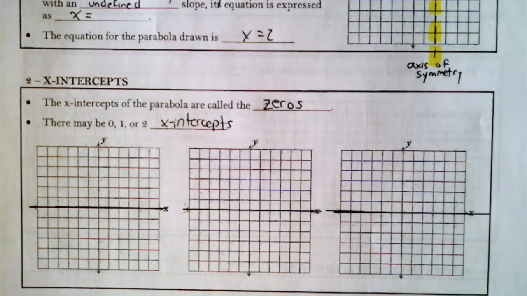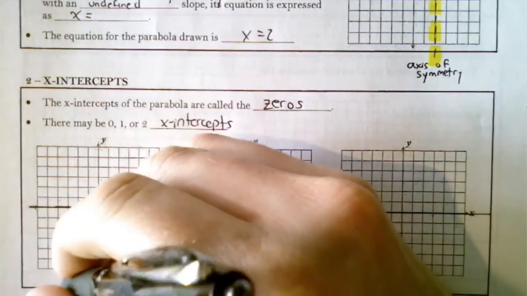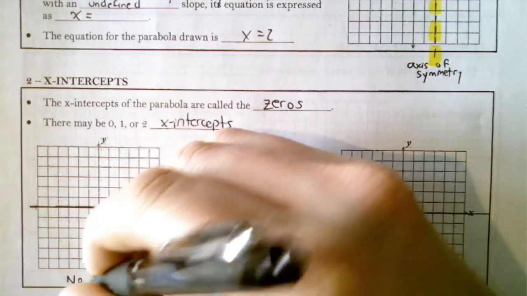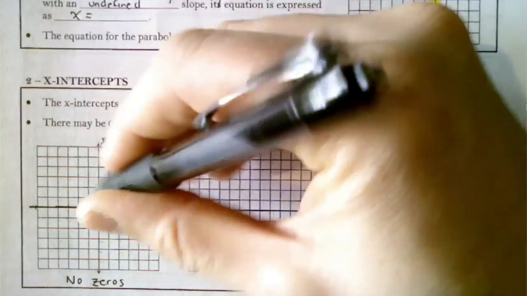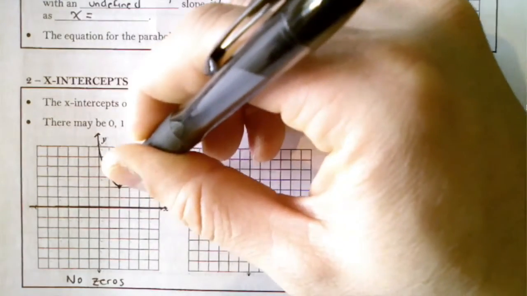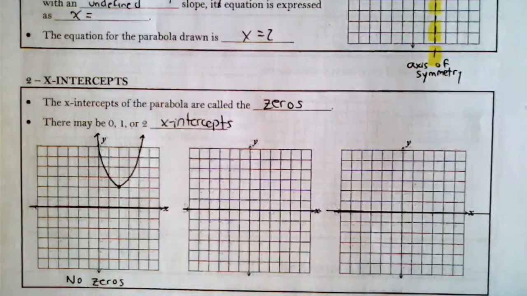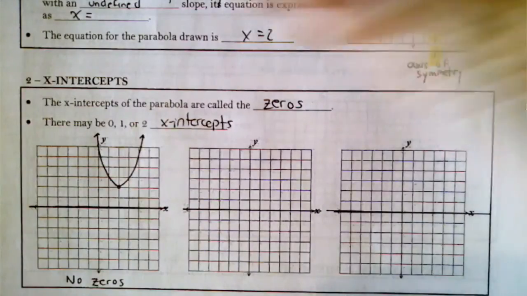So there's our x-axis, a little bit darker. In this example, I'm going to do no zeros. So I have to draw a parabola that doesn't cross it. I'm going to start above the axis, and I'm going to go like this. See, this parabola does not cross the x-axis.